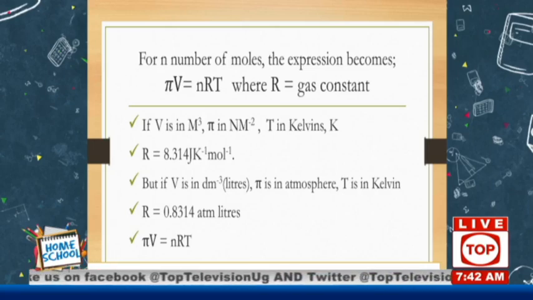Okay? But when you go down and we see that V is in decimeter cubed, you find that pi is going to be in atmosphere, T is going to remain in Kelvin, and R will be 0.08314 atmosphere liters per Kelvin per mole.